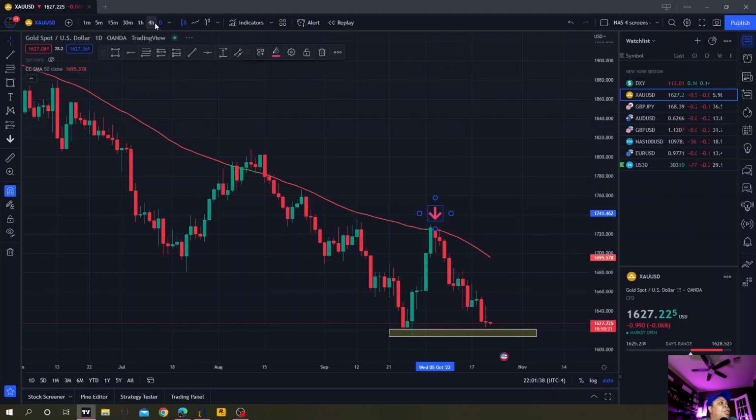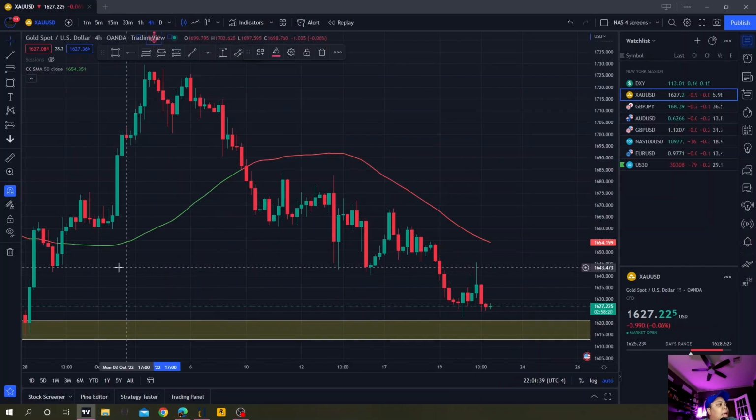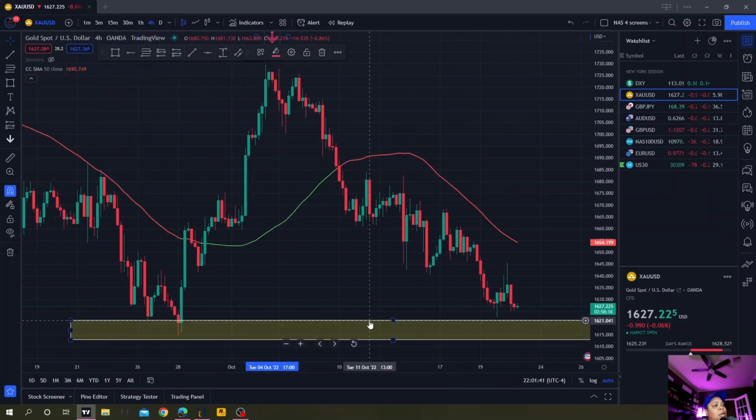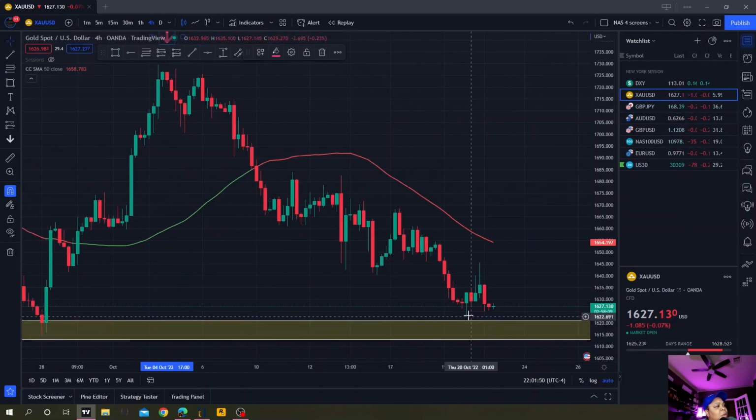I'm dropping down to the 4-hour chart, y'all. And I have my support over on the second touch. We have the candle possibly becoming bullish, but we want to see how that candle ends.